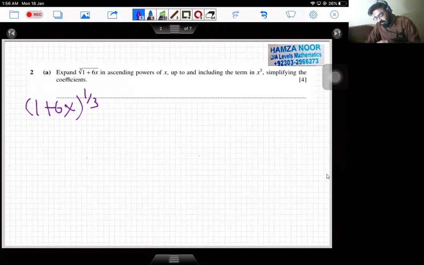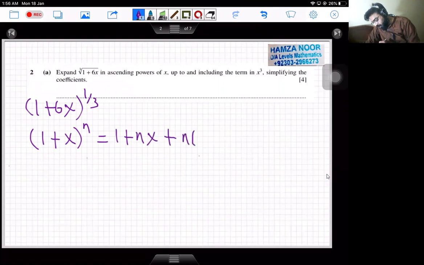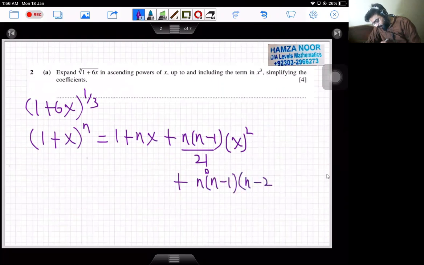The formula for the expansion is that (1 + x)^n is equal to 1 + nx + n(n - 1)/2! times x squared + n(n - 1)(n - 2)/3! multiplied by x cubed.